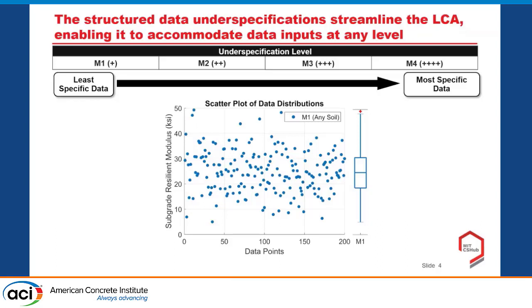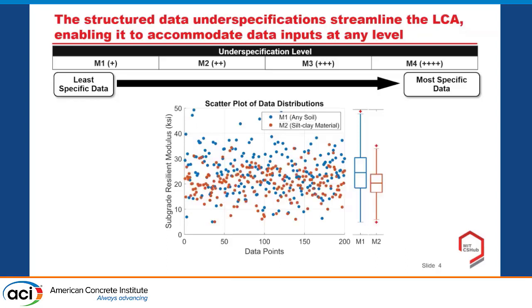So this soil can be any type, which has a large variation, from, let's say, 10 KSI to 50 KSI. But if the user has more knowledge of their subgrade, for example at level 2, they know that it is a silt-clay material. In this case, the variation of this level 2 data decreases to a range of about 10 KSI to 40 KSI.